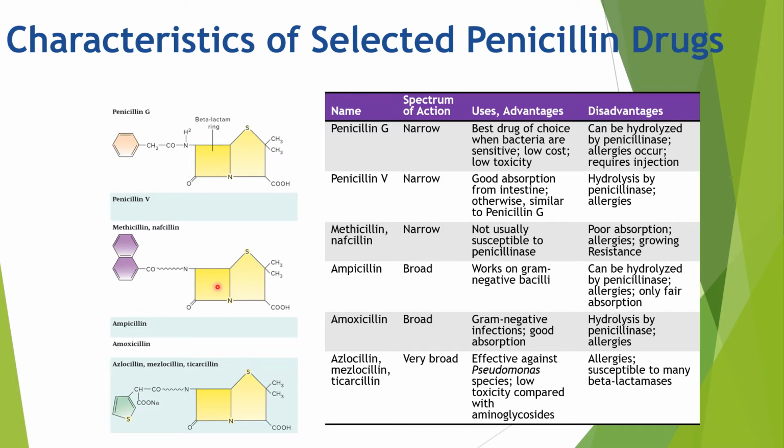So if bacteria out there carry this enzyme, then again, all the penicillins are not going to be effective, because that beta-lactamase is also going to break down that beta-lactam ring that you see right there. So beta-lactamase and penicillinase, those are enzymes that break down the beta-lactam ring, making the bacteria resistant to this antibiotic.